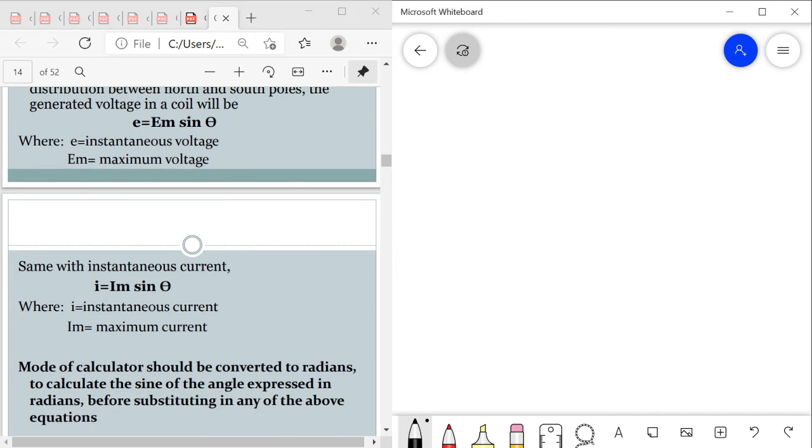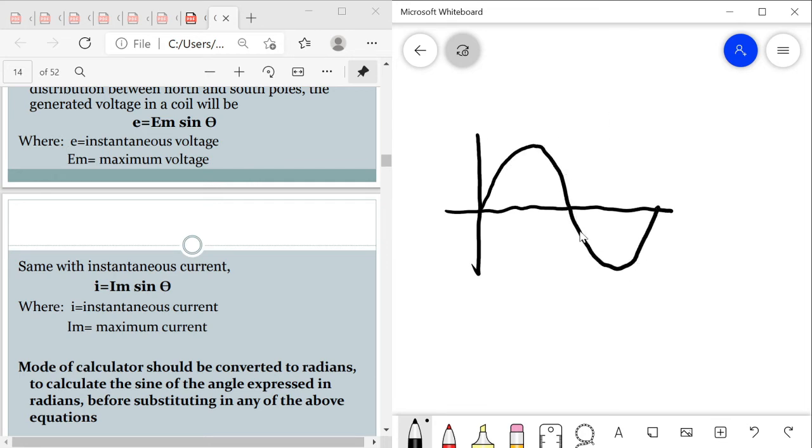Okay, so we will illustrate here. This one is a sine wave. The equation of this sine wave, we said that E is equal to Em sine theta. This E here is the instantaneous voltage.